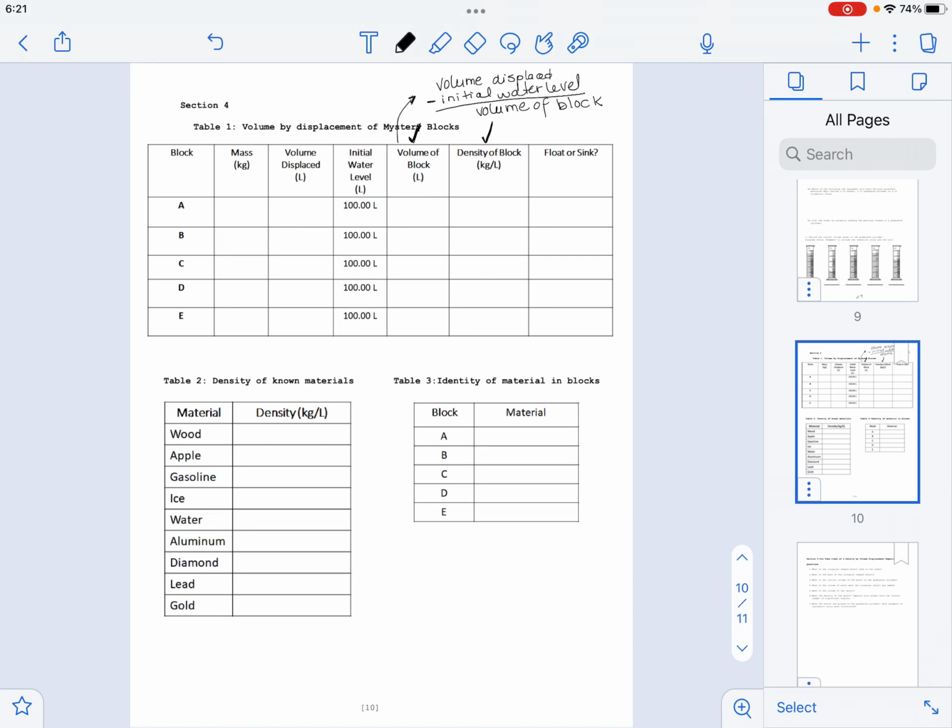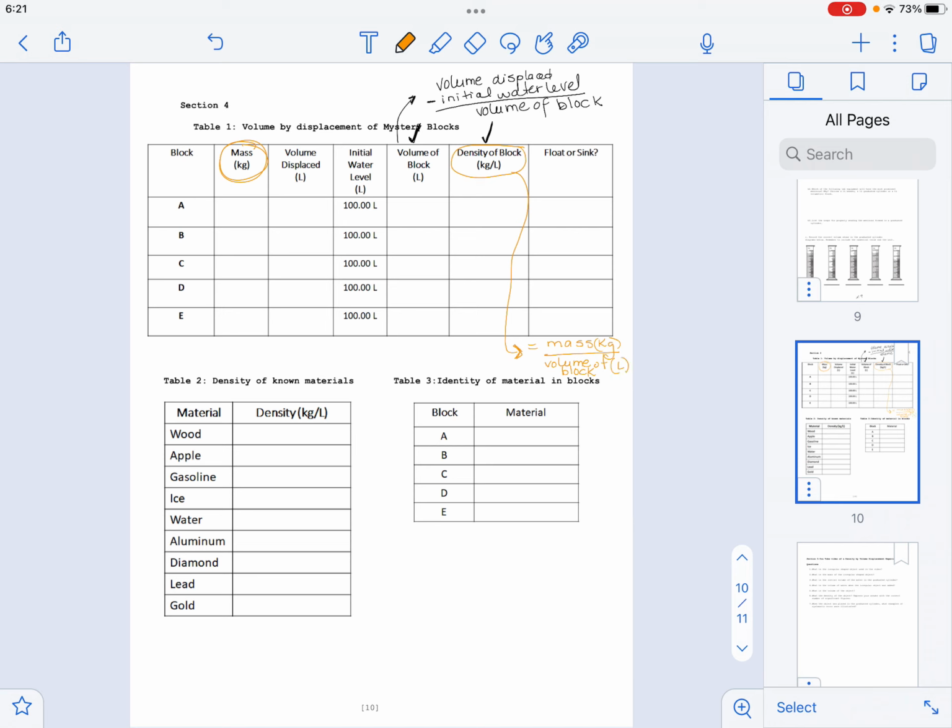To determine the density of the block, just for space, I'm just going to put the equation below. To determine the density of the block, you're going to take the mass in kilograms, and you're going to divide that by the volume of the block, and that is in liters.